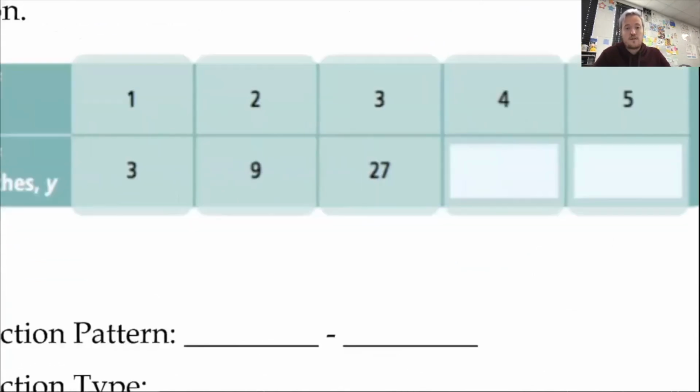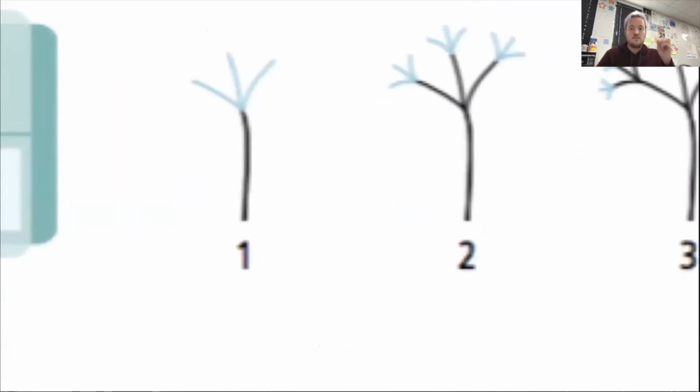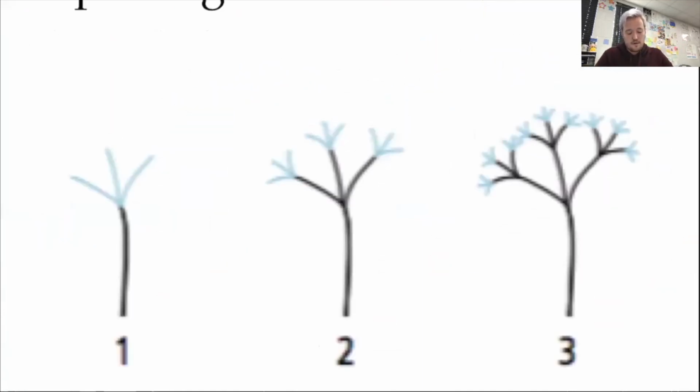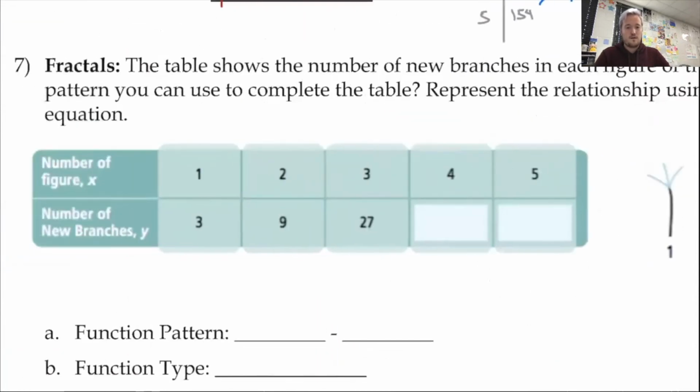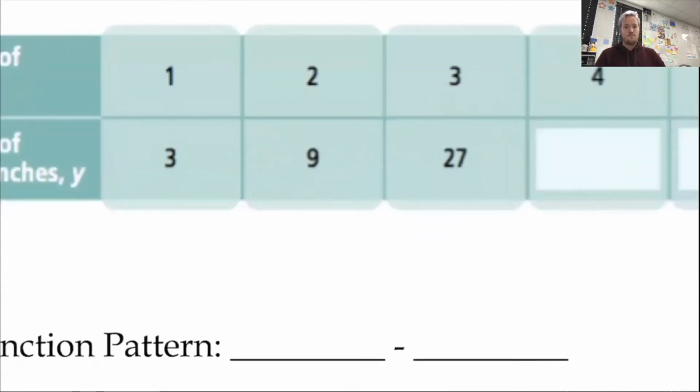All right, so looking at the table here, one branch is going to transition into 3 branches. So if there's another change, each branch is going to transition into 3 more branches. So this is kind of like what kaleidoscopes do. All right, so they have the first 3 terms already laid out for you. So emphasis on the fact that it splits 3 times, which means that's what your multiplier is.